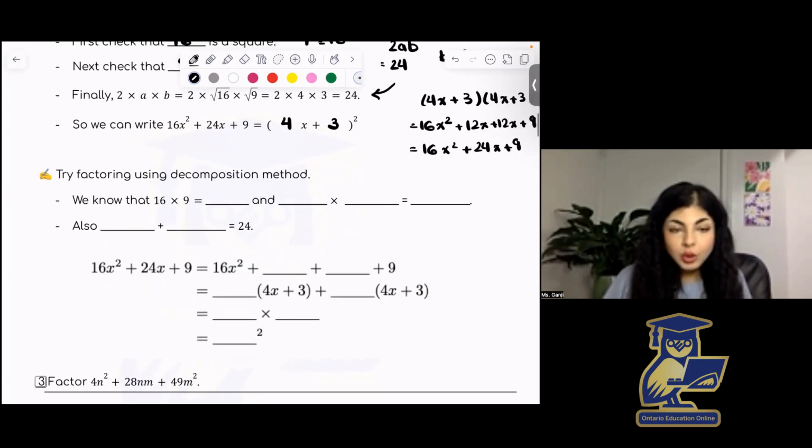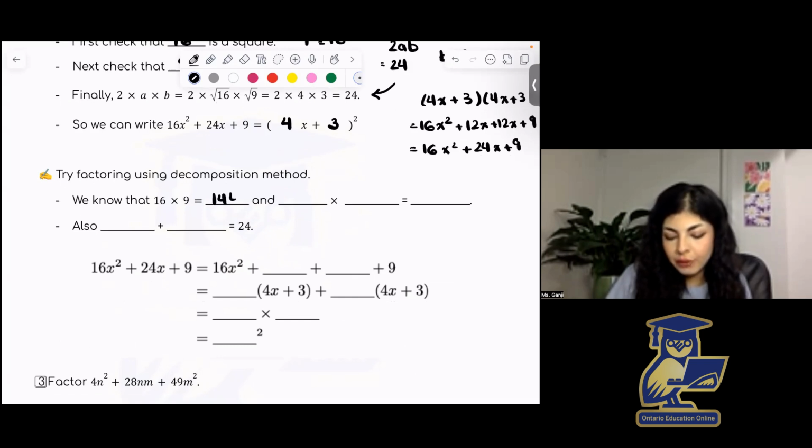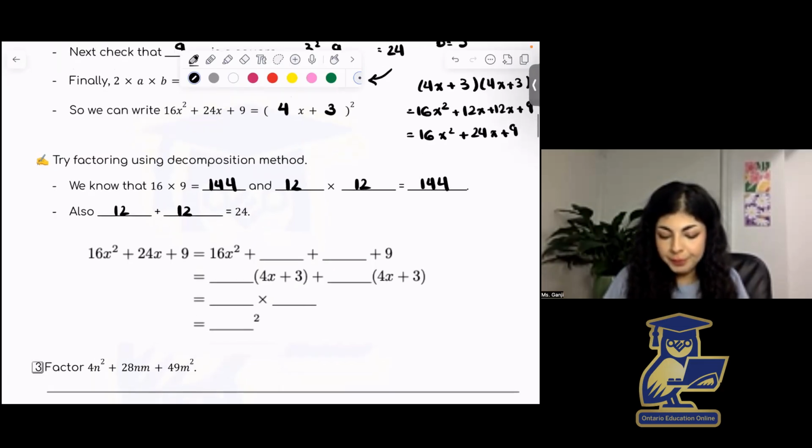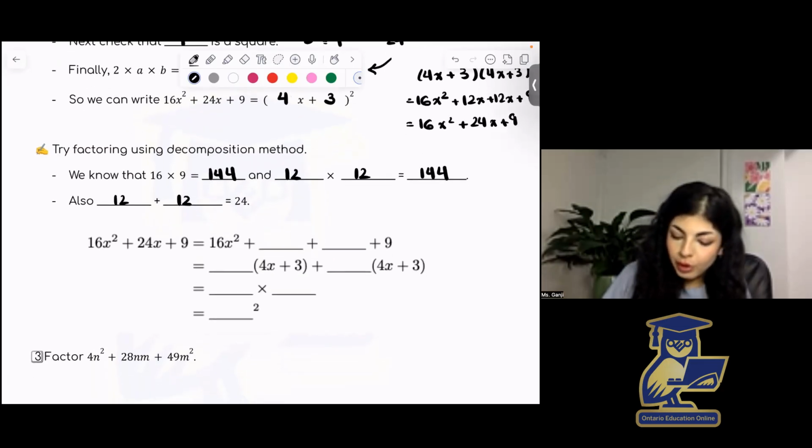So now let's try this again, but with the decomposition method. We know that 16 times 9 is 144. And we also know that 12 times 12 is 144, and 12 plus 12 is also 24 here. So now we will decompose this to 12x and 12x.